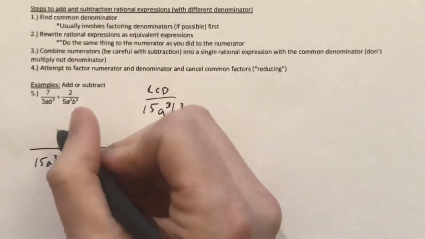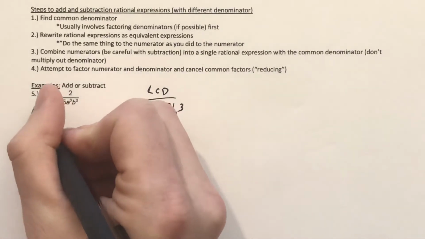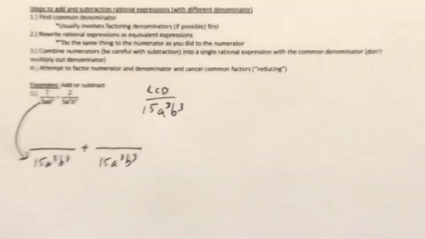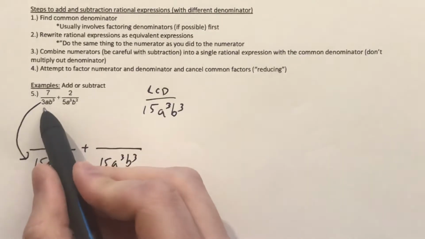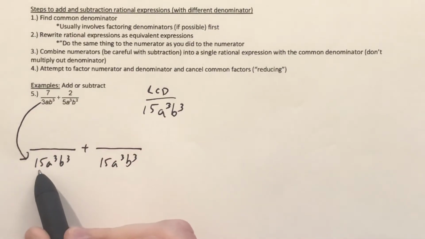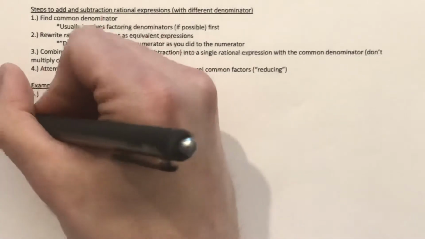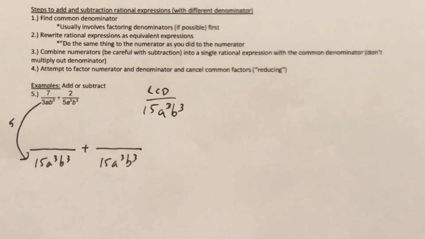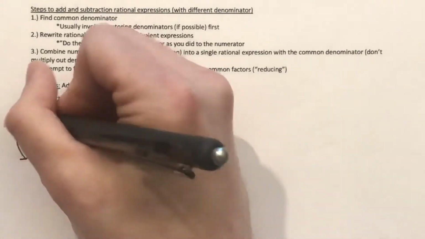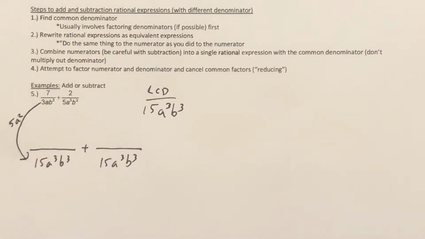So the question, just like with regular fractions, is what did I do to that denominator? What do you do to 3ab cubed to turn it into 15a cubed b cubed? Well, you multiply by a 5 to turn the 3 into a 15, and to get from a to a cubed would require a squared more.